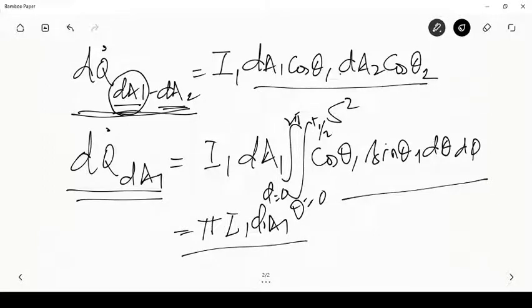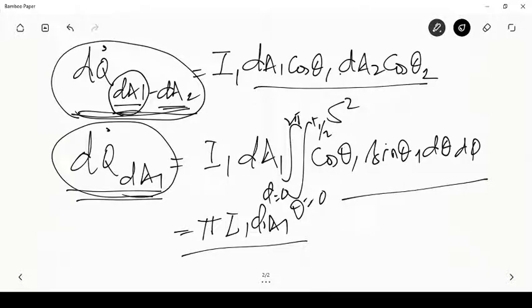Okay, so what is this quantity? The first quantity is the energy leaving surface dA1 and arriving on surface dA2, and this is the energy that is leaving dA1 in all directions. So the fraction of the energy emitted by surface dA1 that arrives on surface dA2 will be the ratio of these two. If I take the ratio of these two, I'll find that the dA1, I1 get cancelled out, and there will be a pi in addition here.